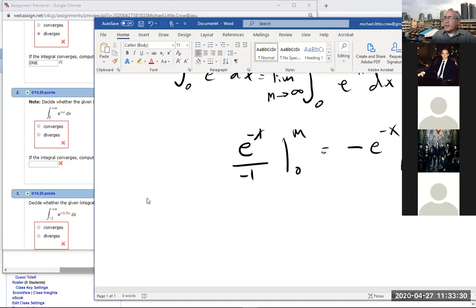So we plug in our limits, minus e to the minus m, minus, this is why it's important because it will converge. We subtract when we plug in 0, so that's minus e to the minus 0.